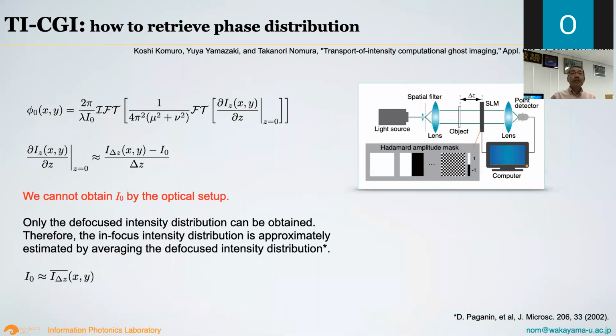Same equation, TIE. But in this case, the object is here and the SLM is here. We can detect this information, so we cannot obtain I0, the in-focus intensity distribution, with this optical setup. Only the defocus intensity distribution can be obtained.